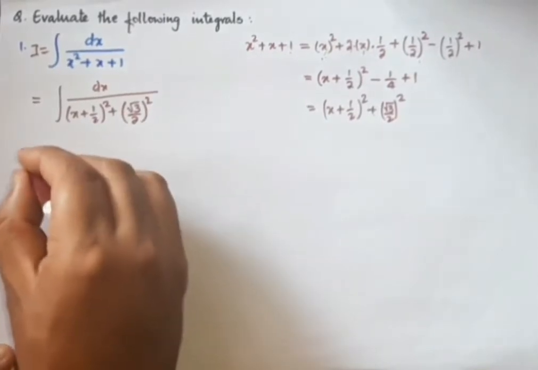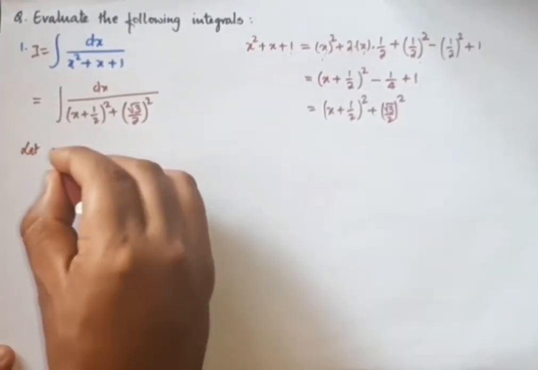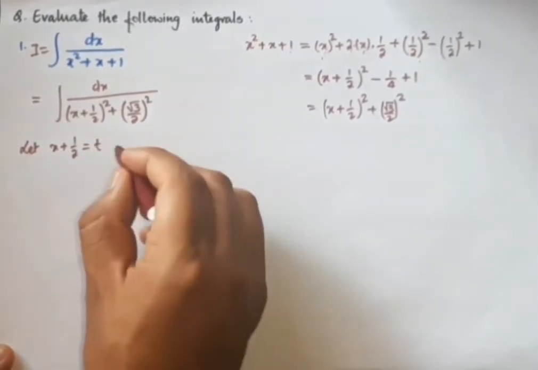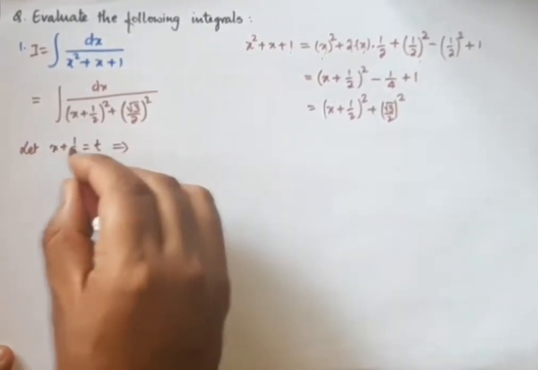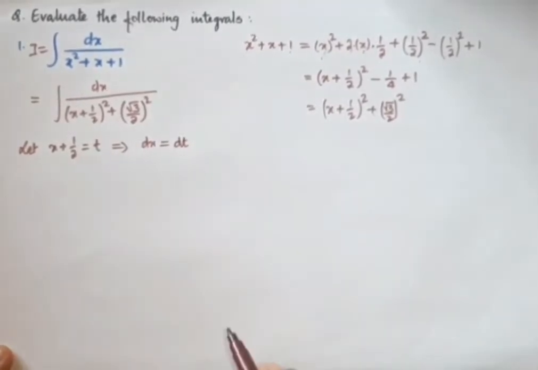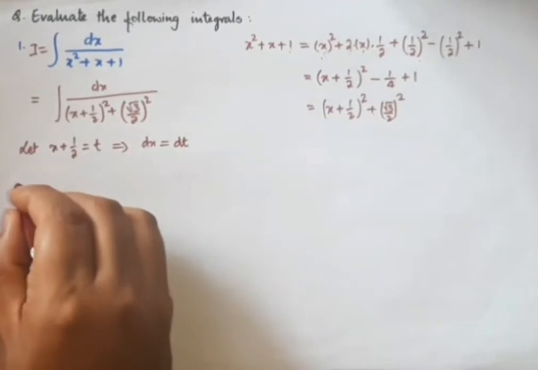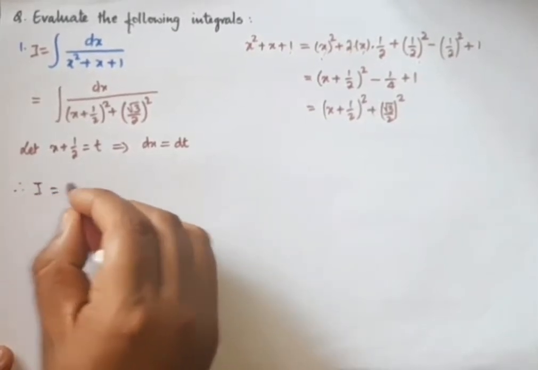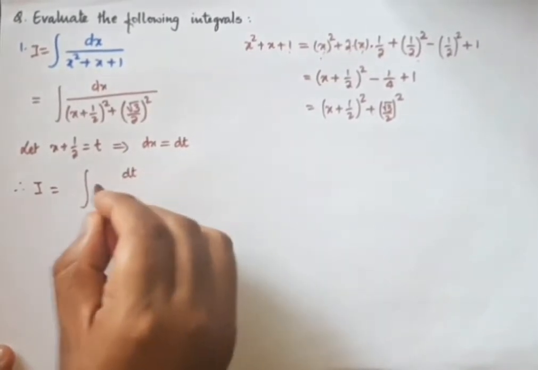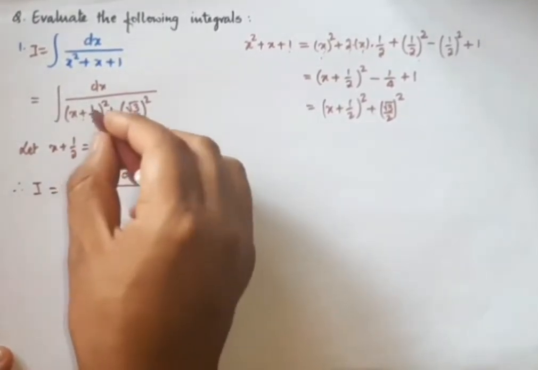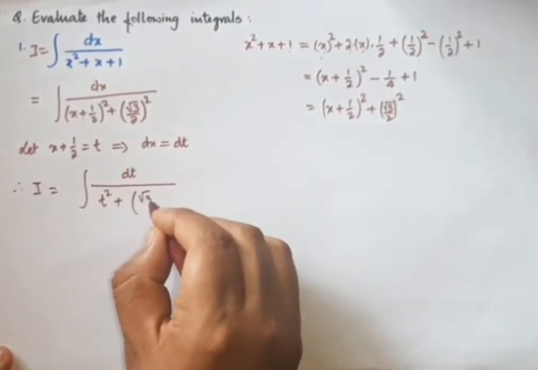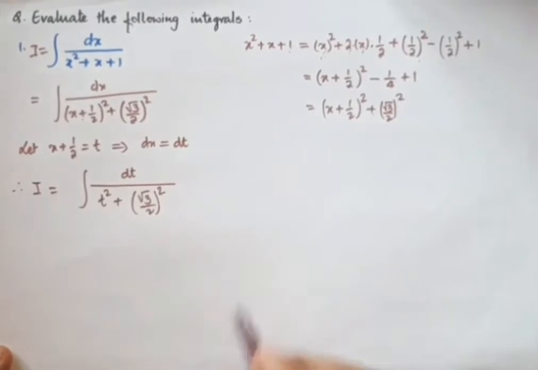So let me do the substitution here. Let x plus half equal t. If I do this substitution, then after differentiation I'll get dx equals dt, right? Therefore my I can be rewritten as integral, instead of dx I am writing dt, by t squared plus (root 3 by 2) whole squared.